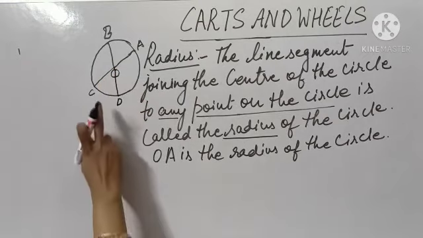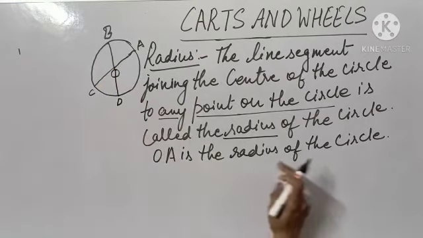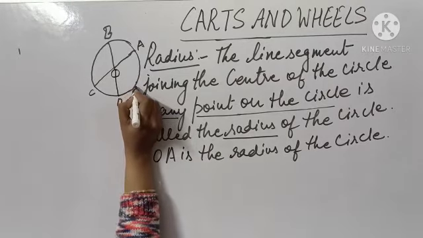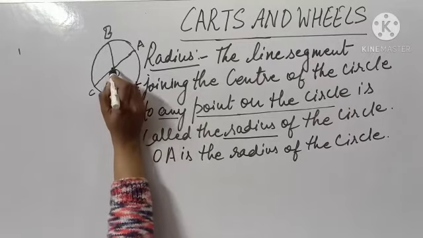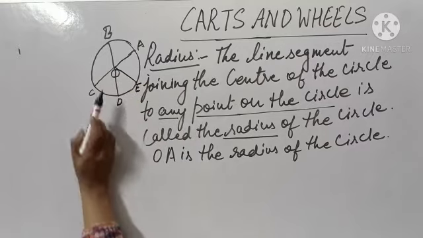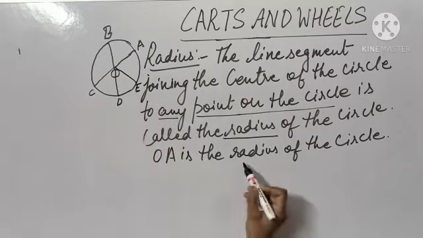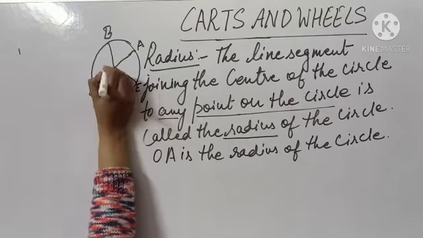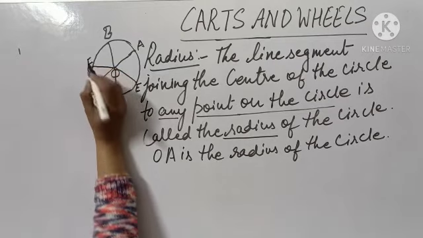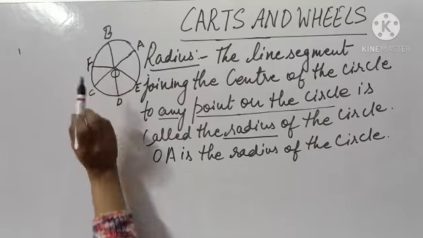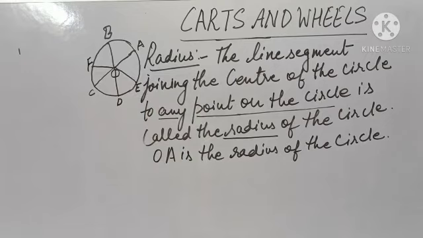So the line segment OD is again the radius of the circle. One more point I am marking here, E, and I will join these 2 points, and the line segment OE is again the radius of the circle. One more point I can mark here, F. I have joined these 2 points, so OF is again the radius of the circle.